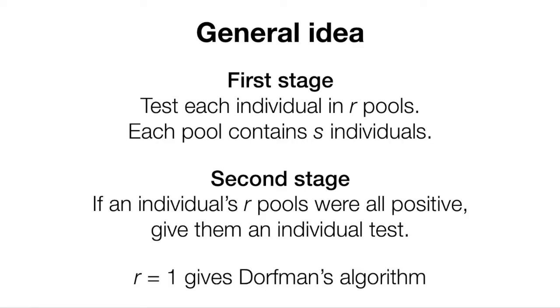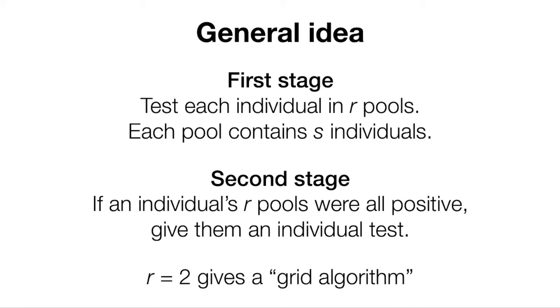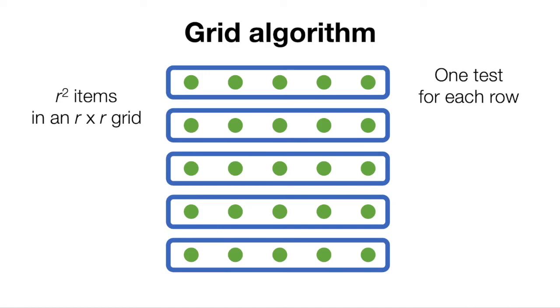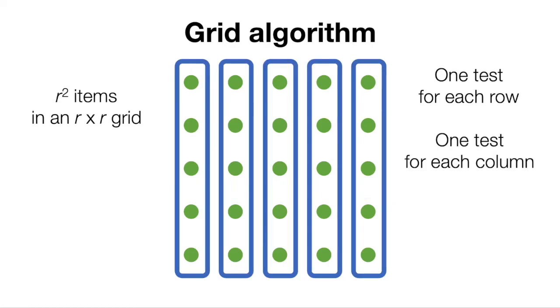That might be a bit complicated, but if R equals 1, if you think about this, we just get back Dorfman's algorithm that we talked about at the very beginning of the talk. R equals 2 gives a kind of grid algorithm, which is that you place the items in an S by S grid, and then you do one test for each row and one test for each column.